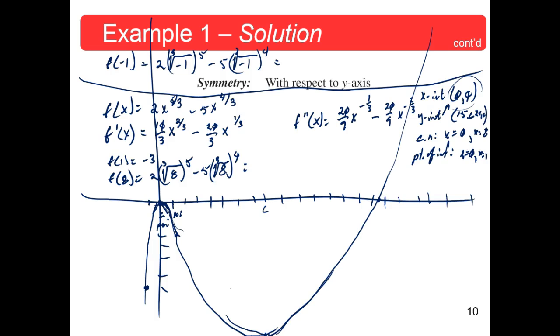But when you square that, you get a positive, so you get a pretty big number here. This will always be negative, and minus a negative is a plus. So yes, the first derivative is always positive from x equals negative infinity to 0.